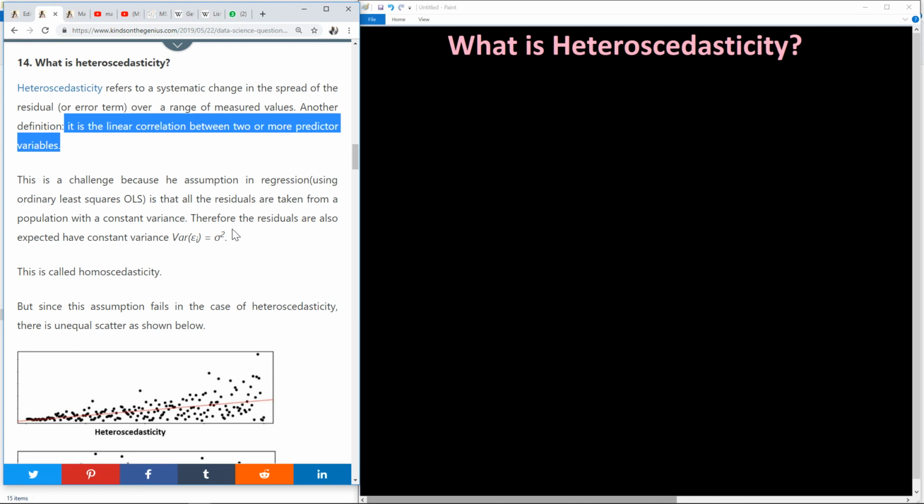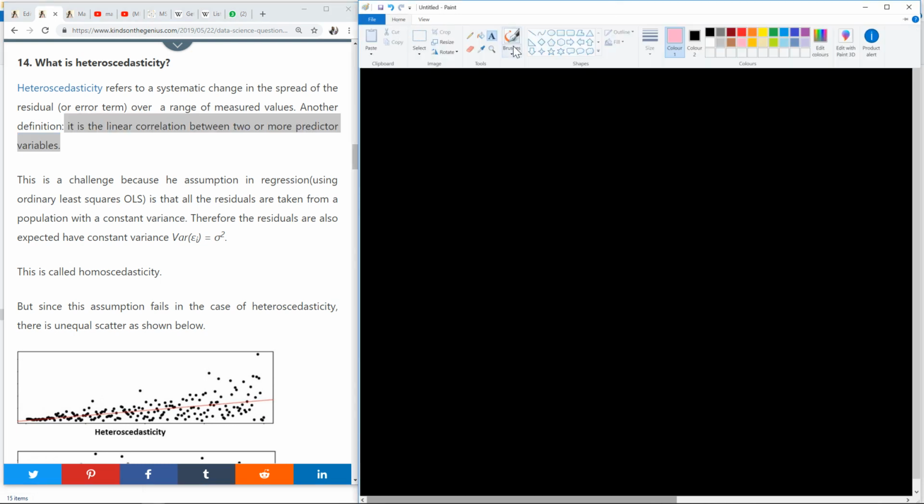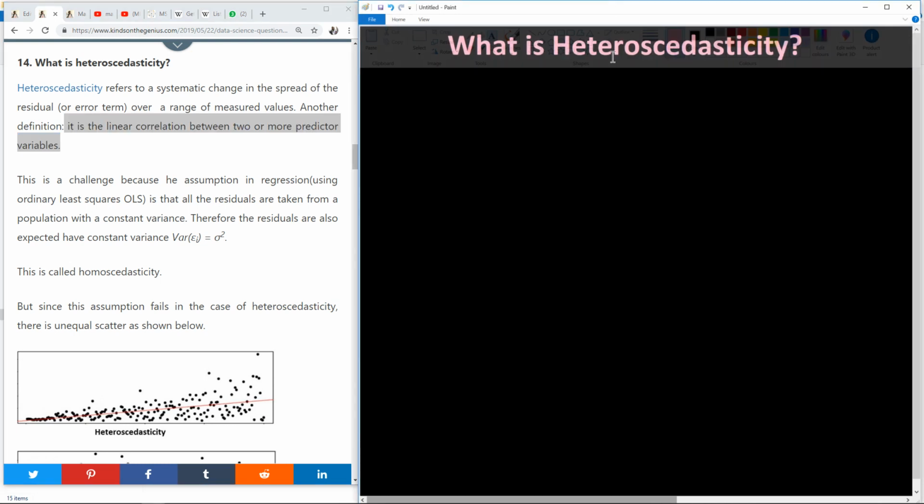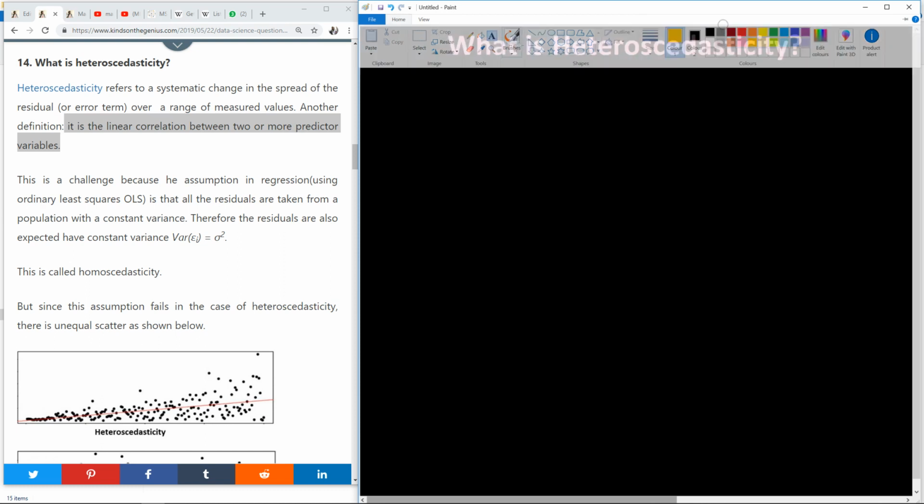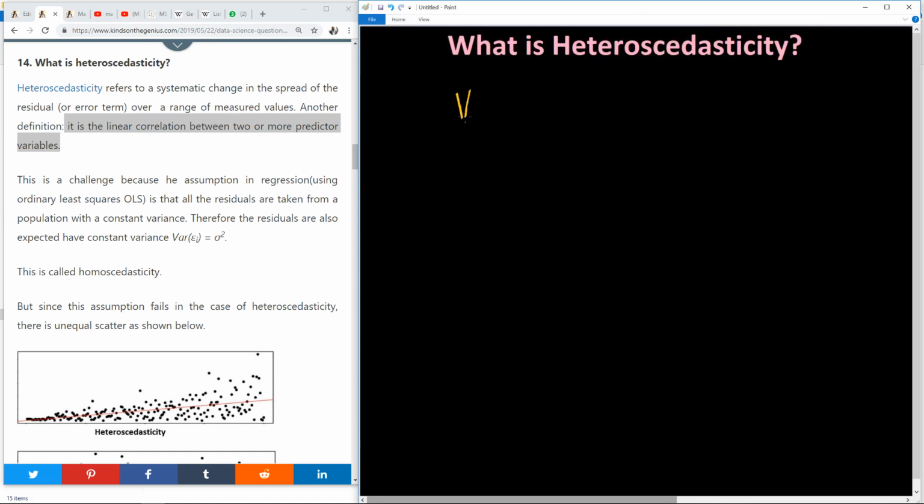Therefore, the residuals are also expected to have a constant variance. So what is expected is that the variance in the error is the same as that in the population.